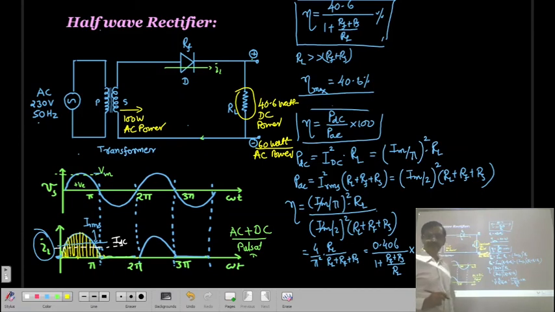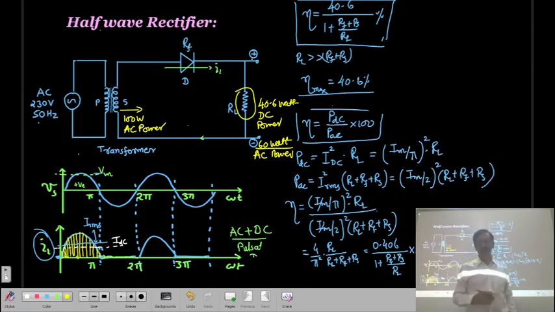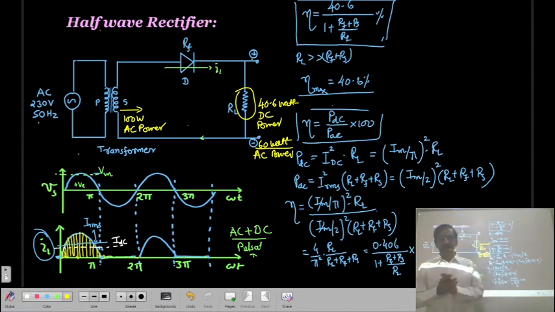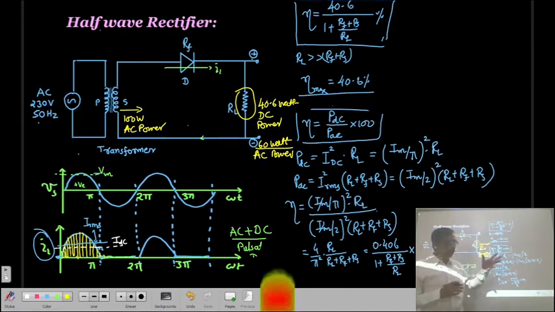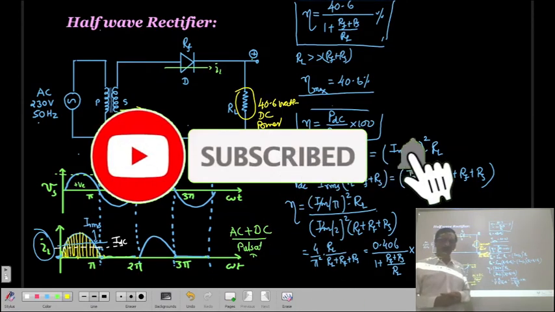Remember, 40% is converted into DC, but the 60% is not rectified, and is present as it is in the output of the rectifier. So here we can see that the AC energy is greater than the DC energy. Normally in a rectifier circuit, the DC power should be more than the AC power.